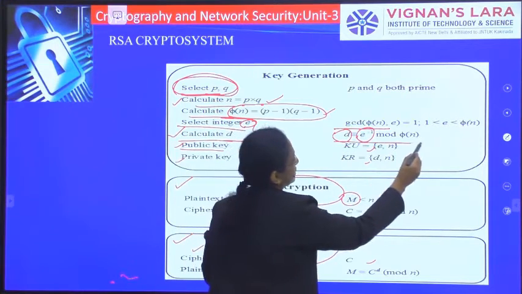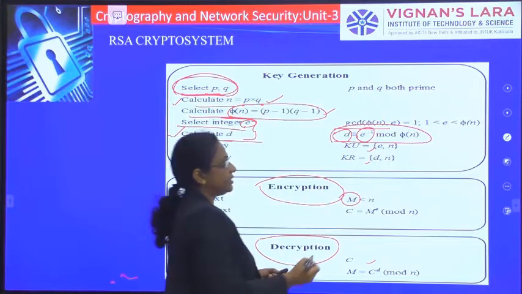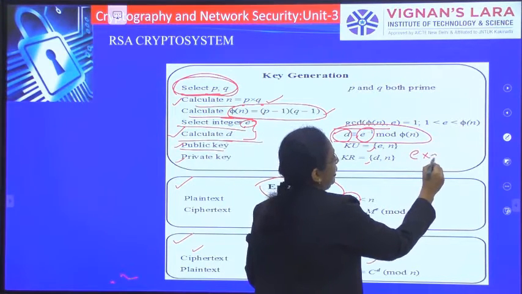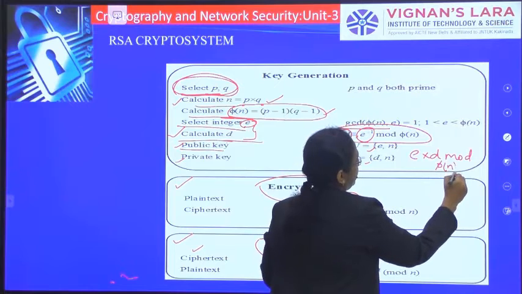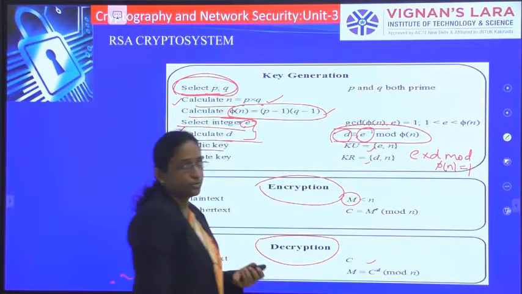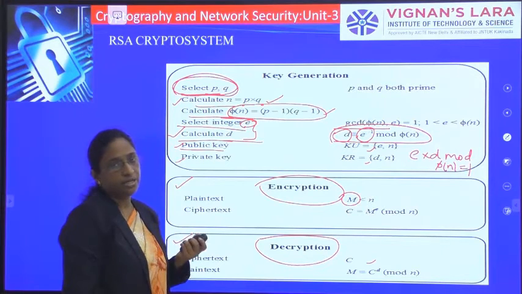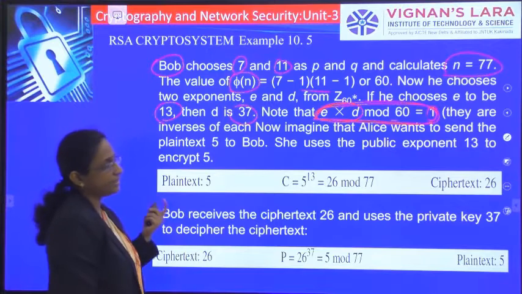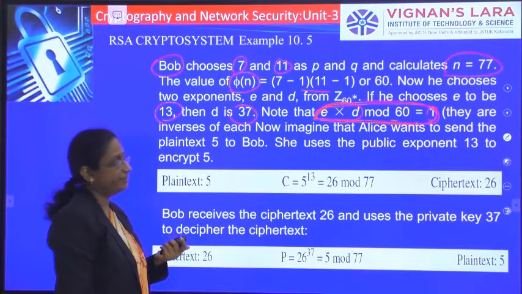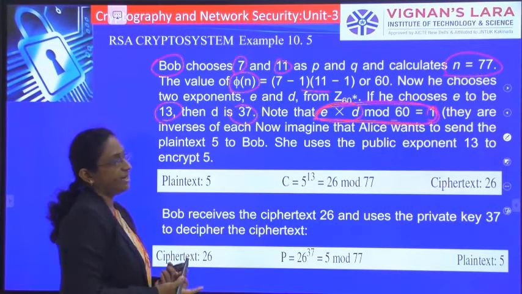This is what is said here: D is congruent to E inverse mod phi n, which means E times D mod phi n is equal to 1. So we have to choose E and D such that E times D mod phi n equals 1. In this example he has chosen E to be 13 and D to be 37, so that both are multiplicative inverses of each other, and in that way he has generated the keys.